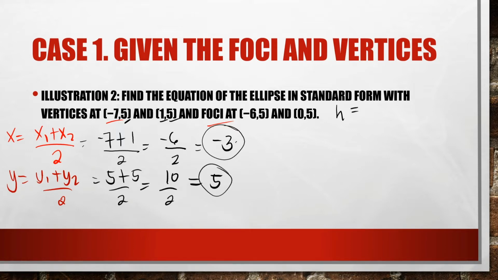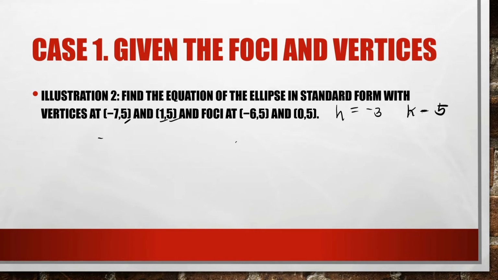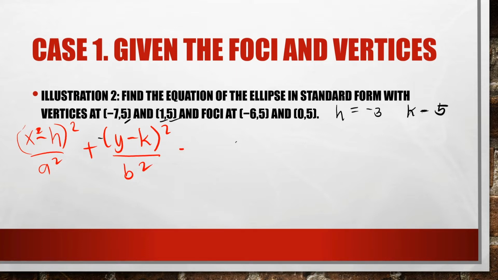So, h is negative 3, k is positive 5. So, yung gagamitin natin na standard form is x minus h squared over a squared plus y minus k squared over b squared is equal to 1. Yun yung gagamitin natin.